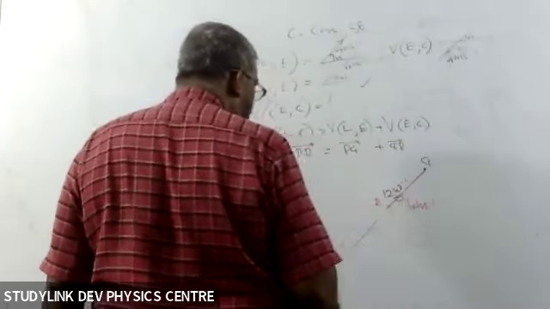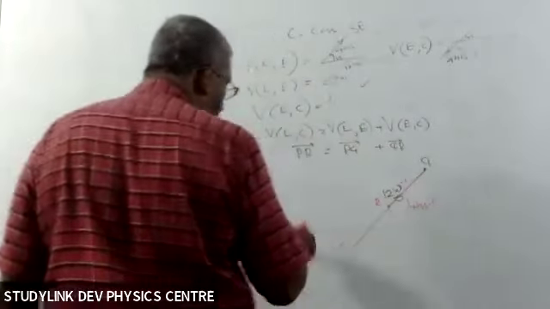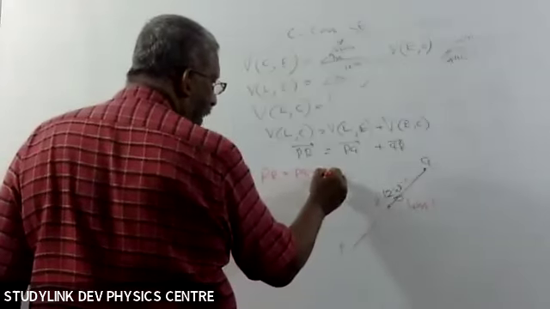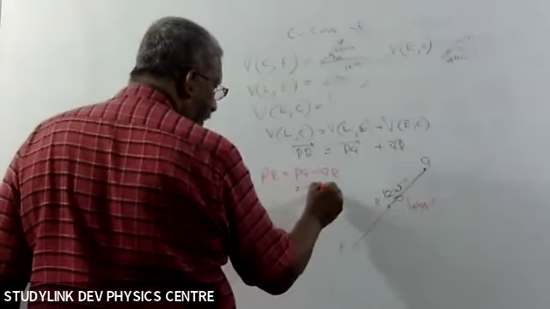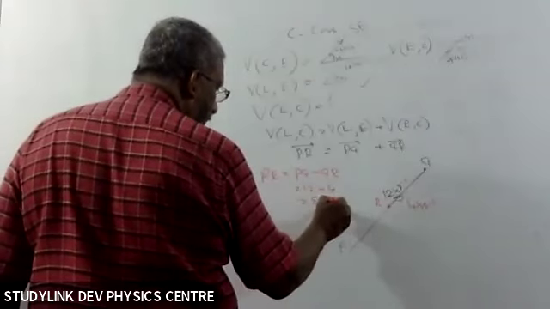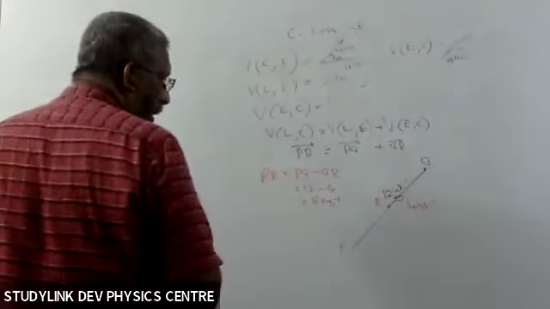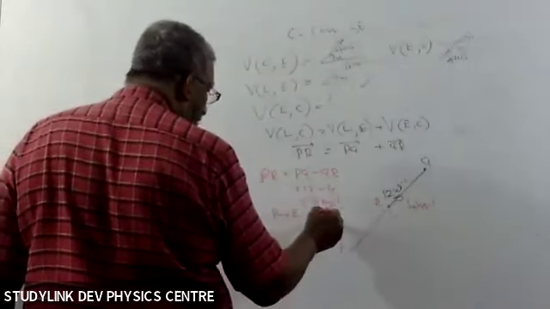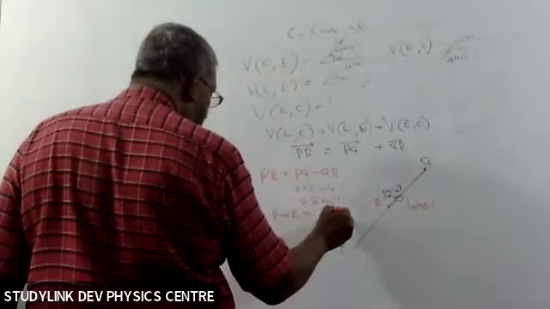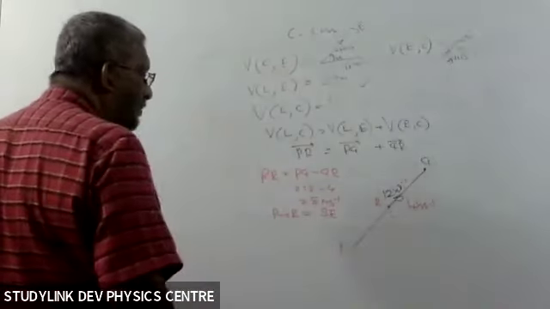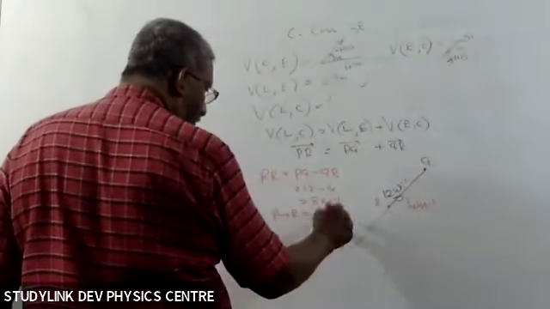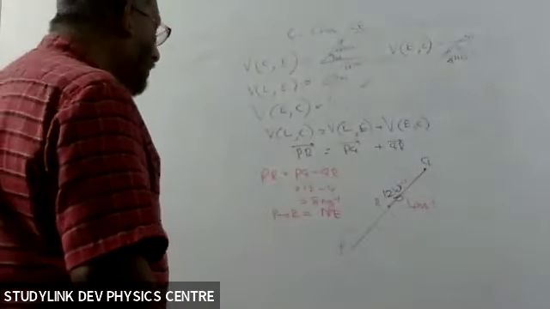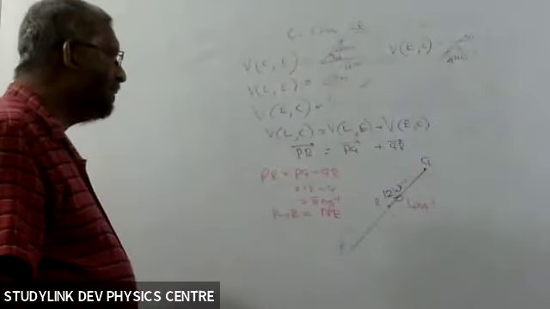Then this is R. Then you can find PR. PR is equal to PQ minus QR, so 12 minus 4, that is 8 ms minus 1. Then direction P to R, that means southeast. Sorry, northeast. When you want to get the other way, first you do like that.